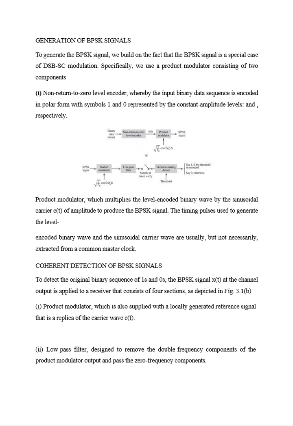The product modulator has the orthogonal basis function, a carrier signal given as square root of 2 by TB cos 2 pi FCT. The message signal and this carrier are modulated and produce the output, which will be the BPSK signal. The product modulator multiplies the level encoded binary waveform and the carrier signal C of t, and produces pulses of varying phase.